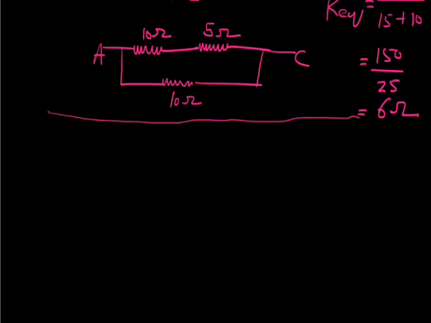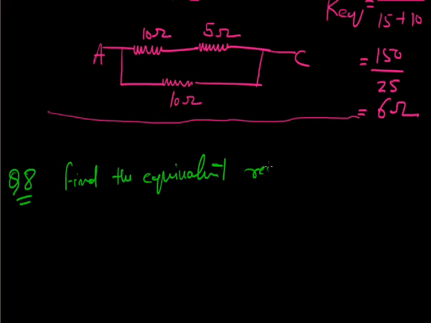Next question is: the net resistance between point P and Q in the circuit shown in figure is. Find the equivalent resistance in given figure.